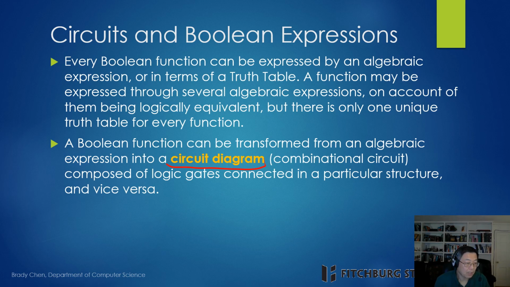So these circuit diagrams are composed of logical gates connected in a particular structure, or vice versa. So basically, we build a relationship between the Boolean expression and the circuit diagram. This provides a way for us to design a circuit by first defining the algebraic expression.